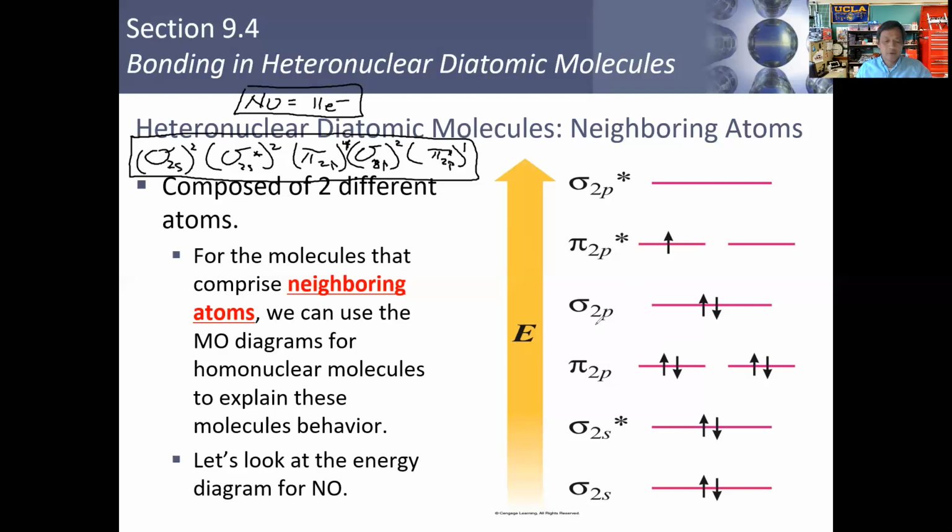Remember, for the lighter second-row elements, boron, carbon, and nitrogen, we saw that they had a molecular orbital diagram in which the sigma 2p switched places with pi 2p. The pi 2p is going to be lower in energy. Then we saw with oxygen and the halogens that they revert backwards. So the question here is why. And this is the actual electron configuration because we can support this with photoelectron spectroscopy.